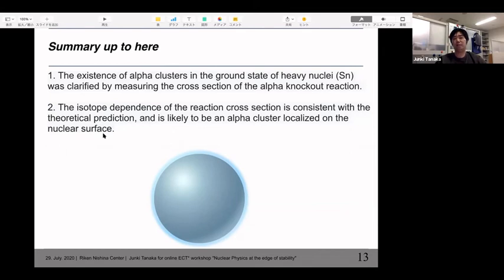And based on the experimental result, it is considered that the ground state of the tin nucleus is not always such a one-body state, but alpha particles are repeating generation and annihilation in the nuclear surface.